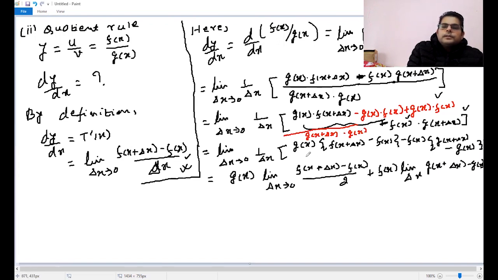So here also there is g(x+Δx). So what you can do here is write them aside, and here you can write g(x) as the limit we have inserted. So in place of Δx limit, you can take it here as 0, then another g(x) is here. Similarly, we have at this point the whole thing divided by g(x+Δx) and then g(x). All right, and now proceed further.